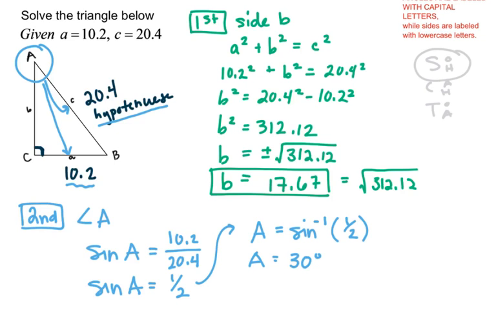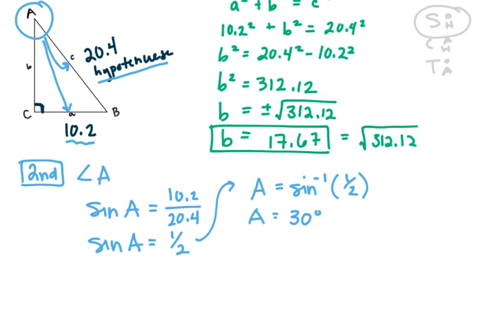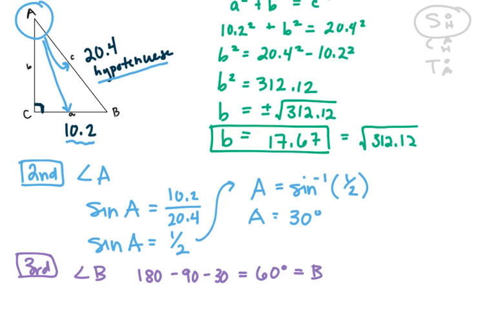And then, of course, we can go one step further. We'll find the measure of angle B. Because we know two angles in this triangle, 90 and 30, and we know that the three angles inside of a triangle sum to 180, I can say 180 minus 90 minus 30, and that gives me 60 degrees for B. So I have found 1, 2, 3 missing pieces.